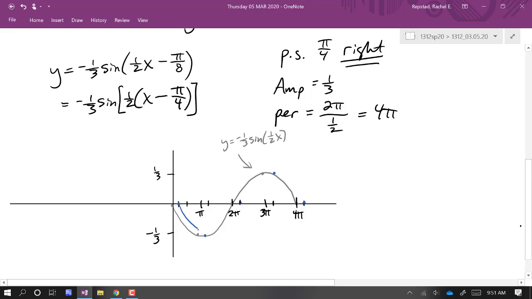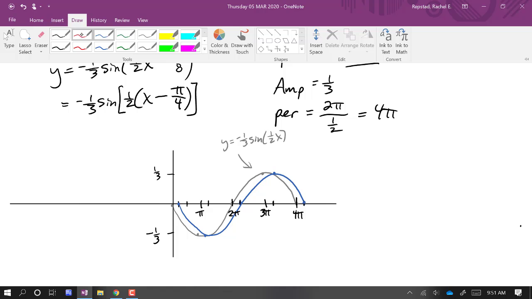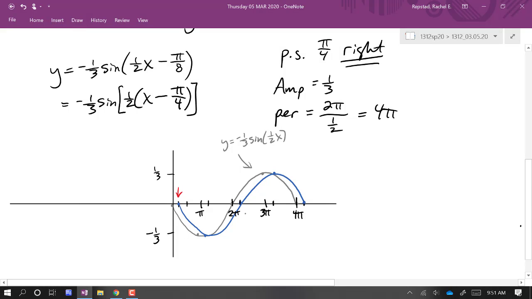So it looks like this. And I think that problem says, what are the x-intercepts? So we could kind of point to them, right? There's one here, there's one here, and there's one here. Now this one is pretty easy because I just started at 0 and I shifted it over by pi over 4, so that's pi over 4.